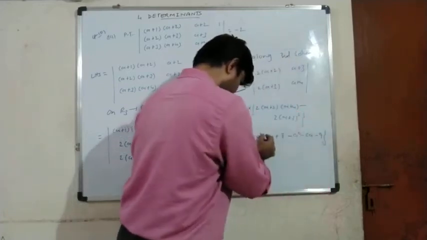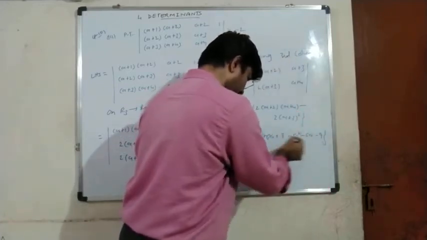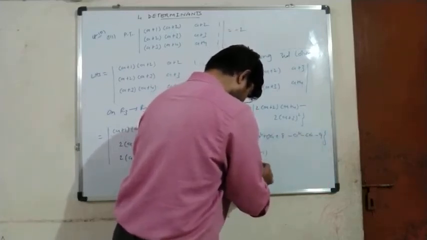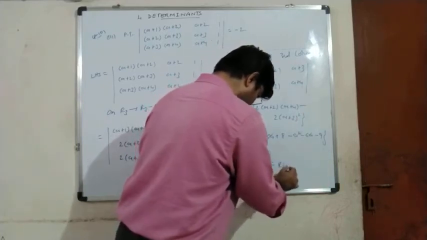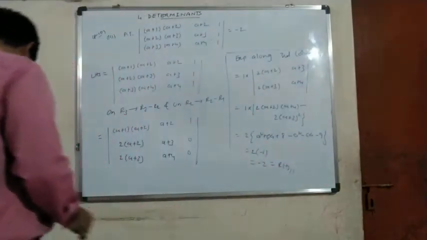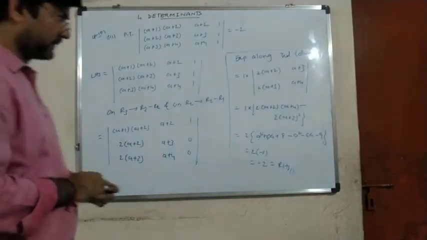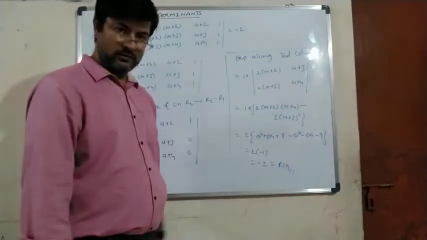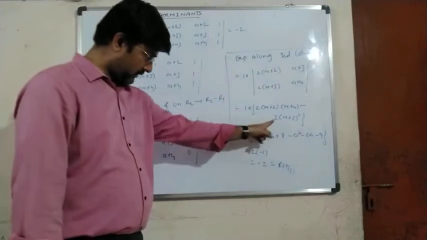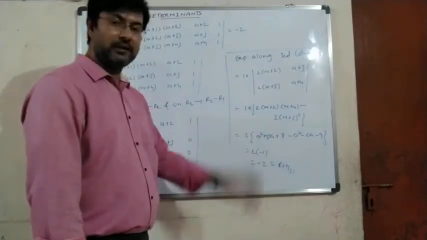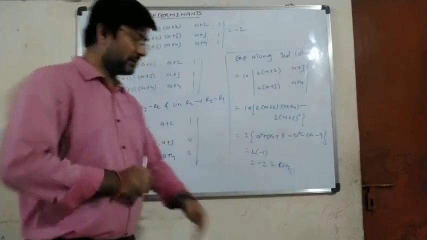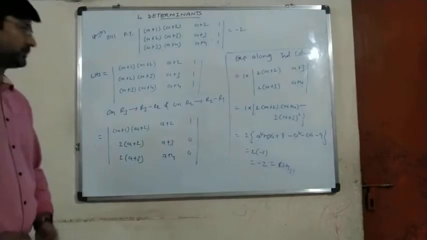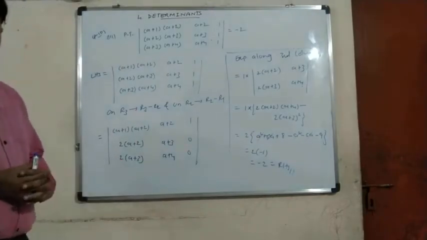So a square minus a square, 6a minus 6a, and 8 minus 9 will be minus 1, which gives minus 2, equal to RHS. Just look at the simplification: product of diagonal elements minus product of off diagonal elements. This 2 is common to both the terms, so we have taken it common and simplified inside. We get minus 1 in the bracket, so 2 into minus 1 is minus 2. Clear? So question number 10, third question is also over.